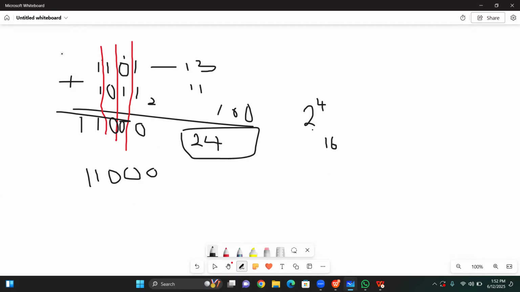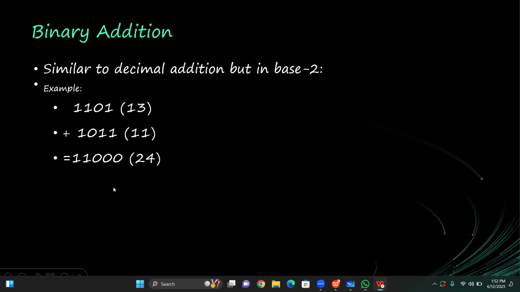This is how we do it. Now you can see we have 1, 1, 0, 0, 0. Don't worry, we'll talk about this extra bit that came in. We are using 4 bits here, but we now have 5 bits here. So we'll talk about this overflow.